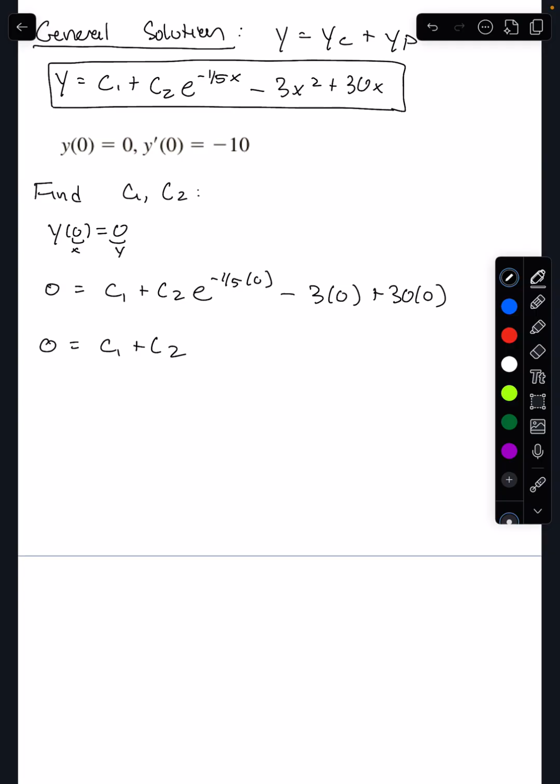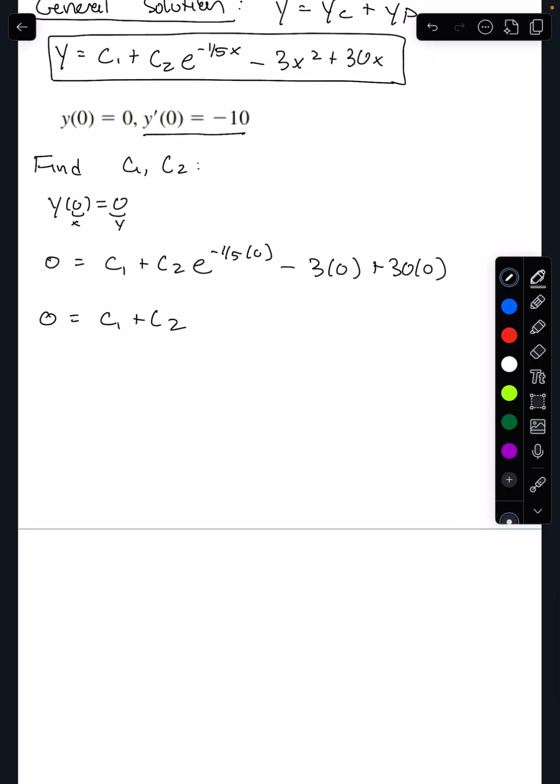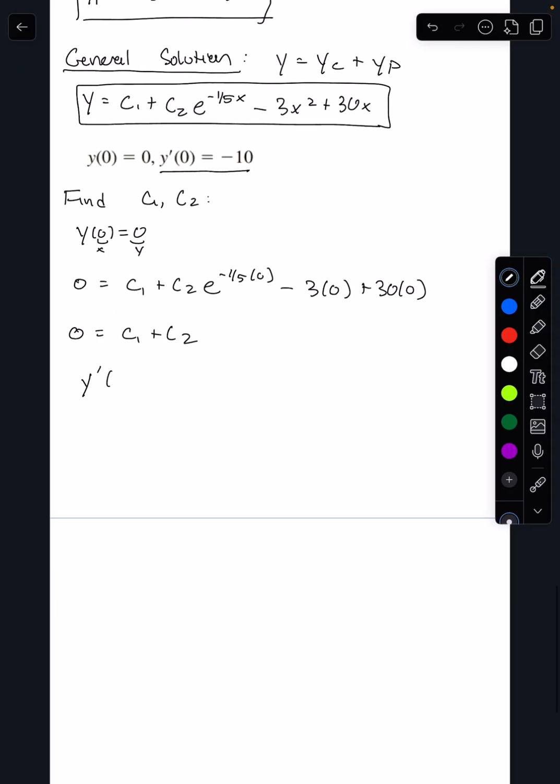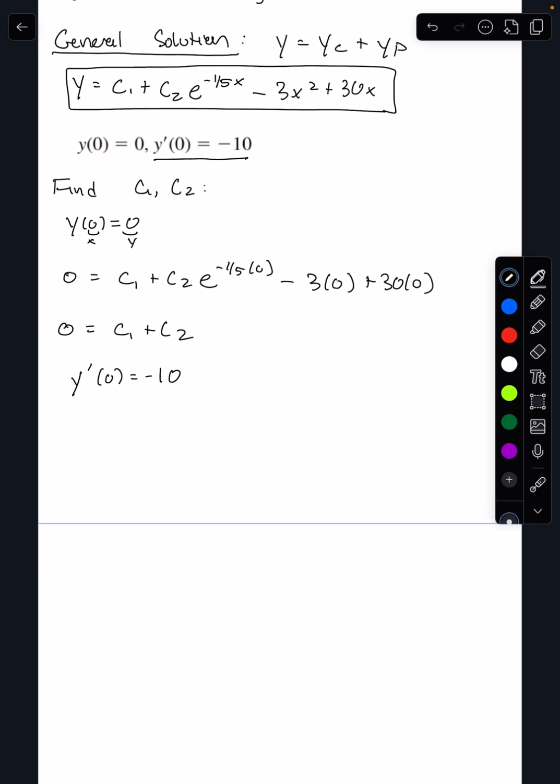Okay, but this isn't enough to uniquely determine either C1 or C2. This is why we need our second initial condition as well, which tells me that the derivative at 0 is negative 10. So y prime at 0 is negative 10. I need to find the derivative in order to make sense of this.